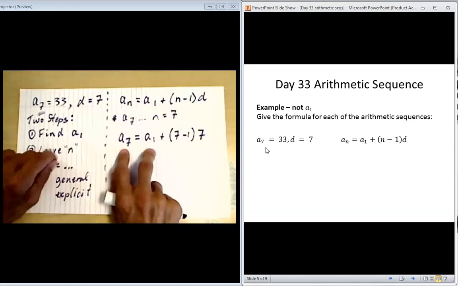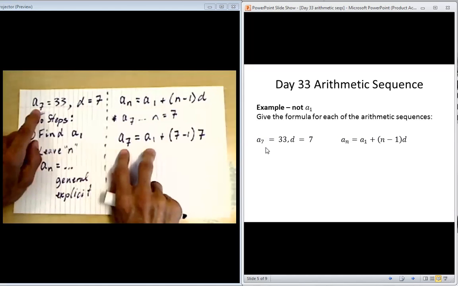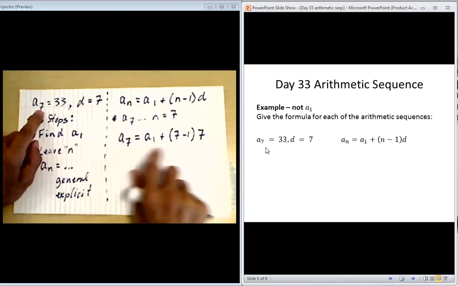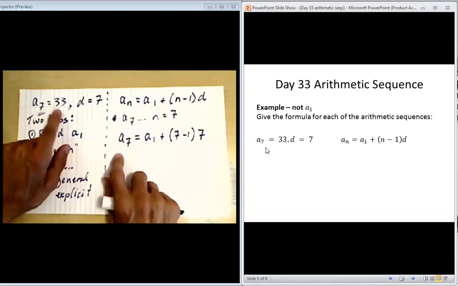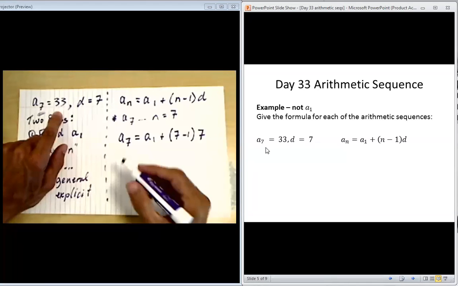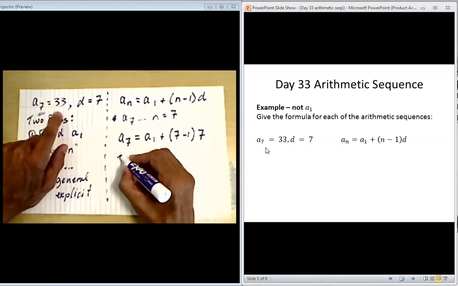I think A1 is like A7, but like minus 42. That's just it. You can start thinking about it that way. Start subtracting and stuff. But look at this given right in the question. A7 is 33, right? So we can make that substitution right there at the start.